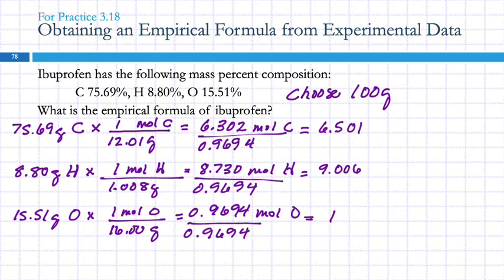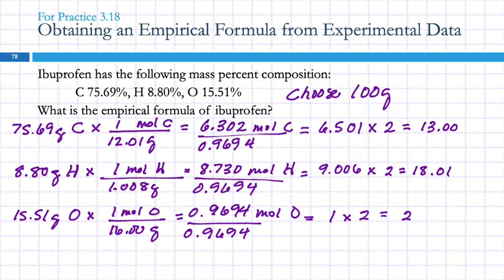In an empirical formula, if we had a subscript of 6.5, that would tell us there's 6.5 atoms in the molecule. You can't have half an atom. It has to be whole numbers. So let's see what happens if we just multiply by 2. So I take that number and I multiply by 2. I get 13.00. And so that one times 2 is 18.01, and this one times 2 is 2.